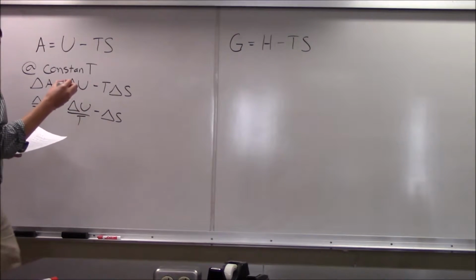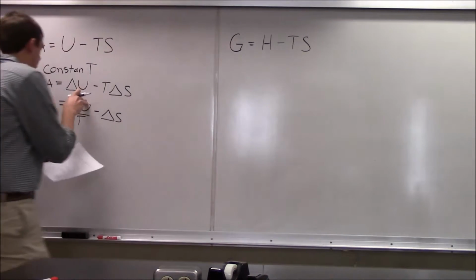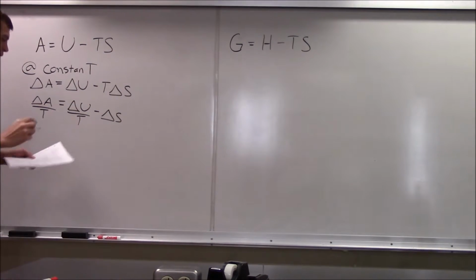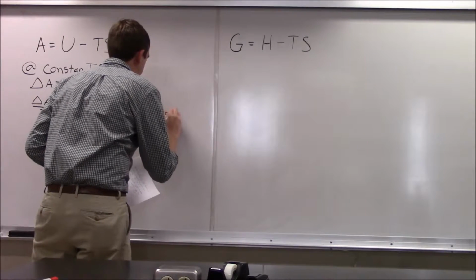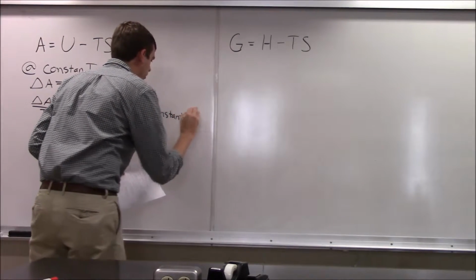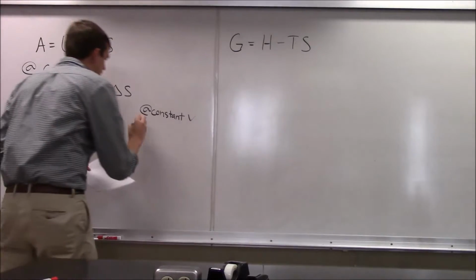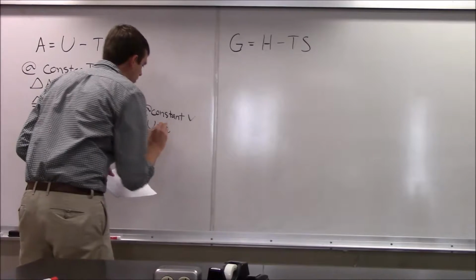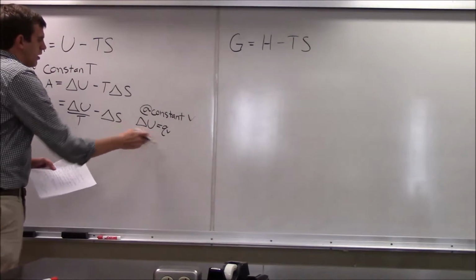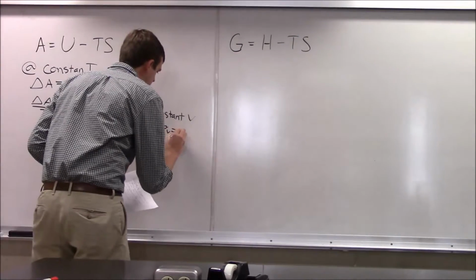Next I'm going to fill in an expression for delta U. If we're looking at constant volume, then we can say the change in internal energy is equal to Q_V, the heat of the system.